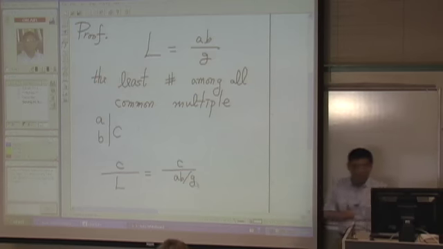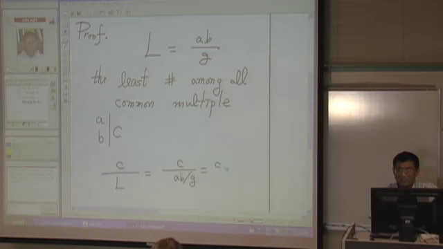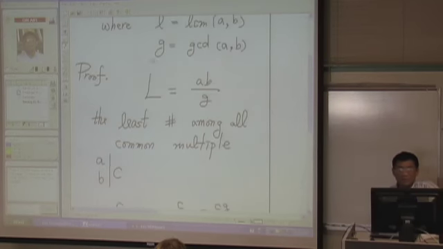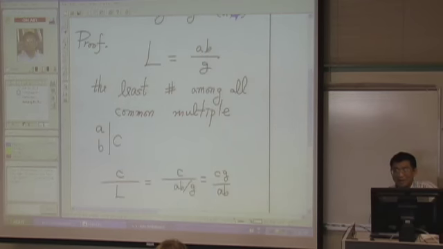And we can rewrite it. It is CG over AB, and the greatest common divisor can be written in terms of a mathematical expression. How can you write this G in mathematical expression? How can you write GCD using A and B? AX plus BY or anything, right?